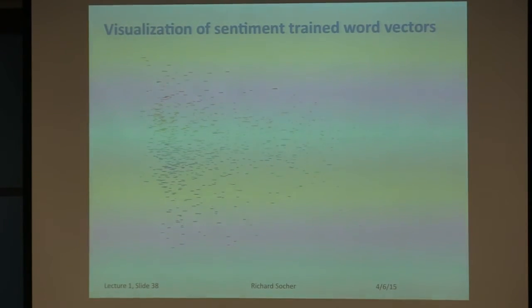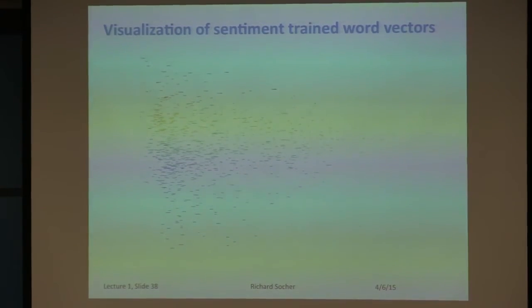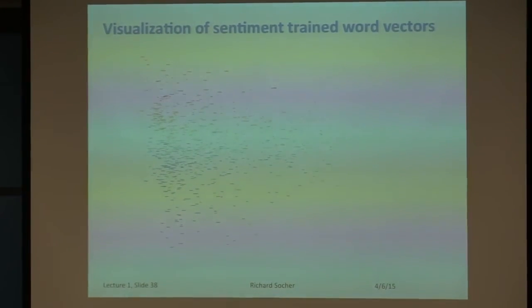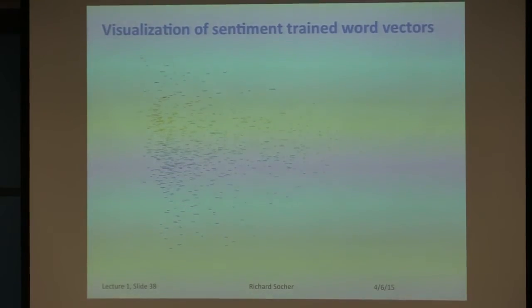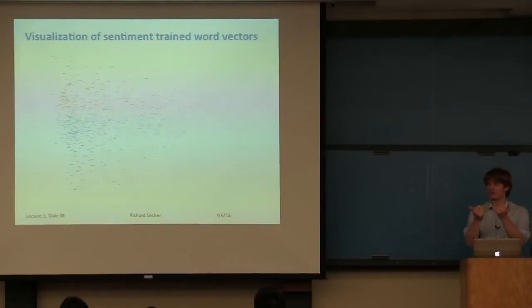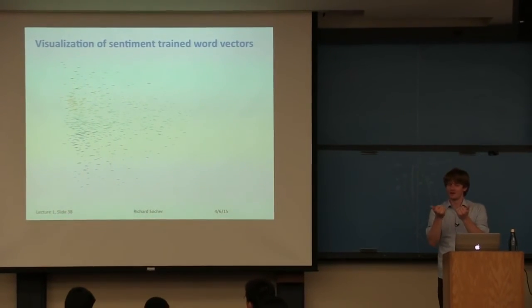visualization from a paper of mine from 2012 where we train word vectors to predict sentiment. So is this a positive, neutral, or negative word? It turns out, and this is another interesting subtlety, if you look at just the left and right context of a word, words with very different sentiment might actually get similar word vectors.